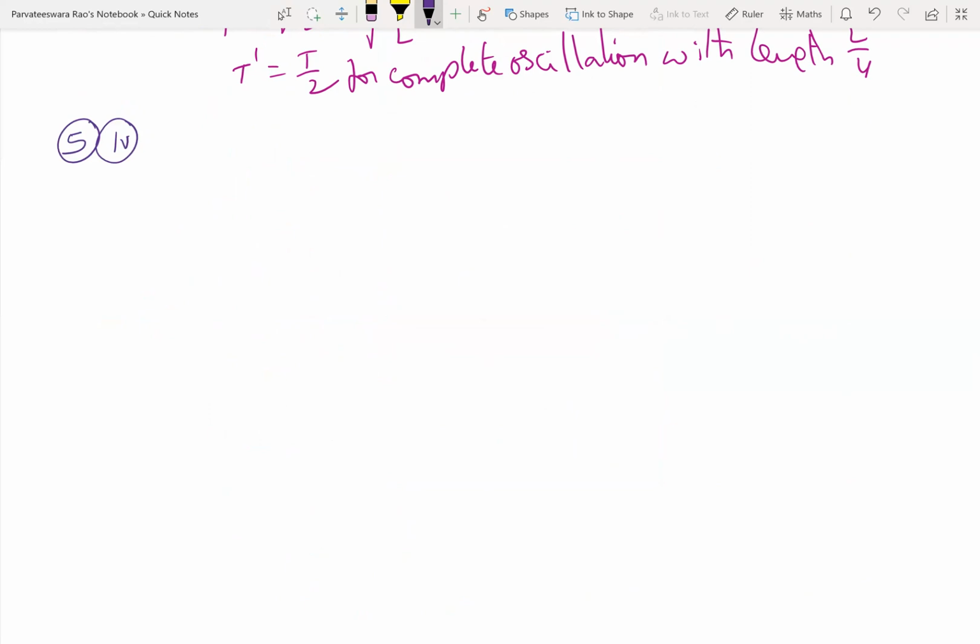Two pendula start oscillating together. Their lengths are 1.44 meters and 1 meter.